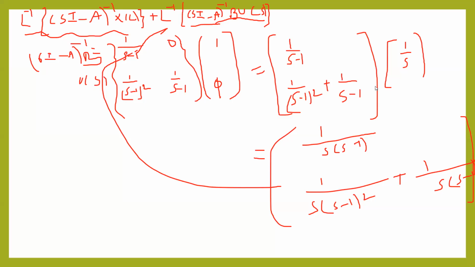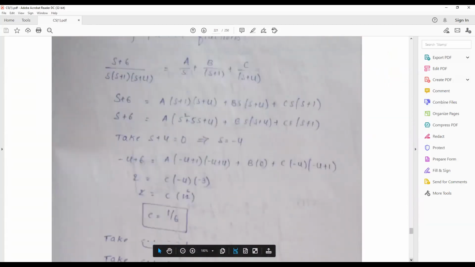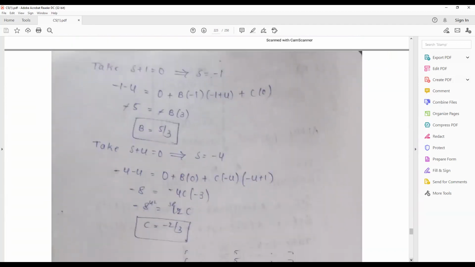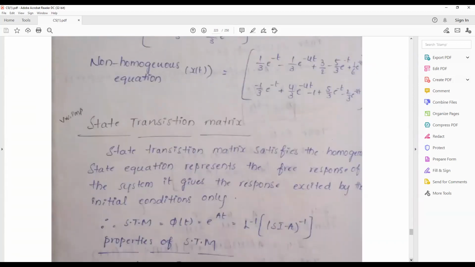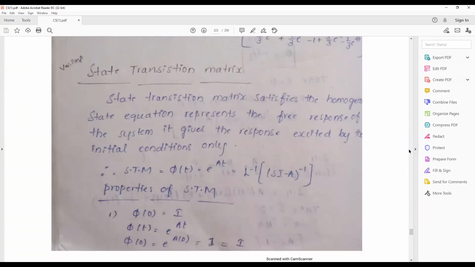Okay, next. Discussing state transition matrix. So the state transition matrix is defined as that which satisfies the homogeneous state equation, represents the free response of the system.